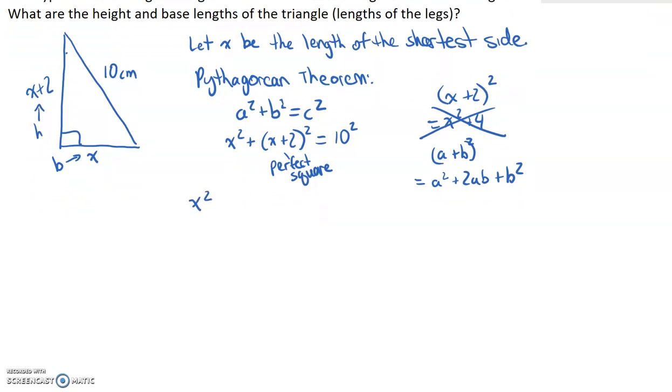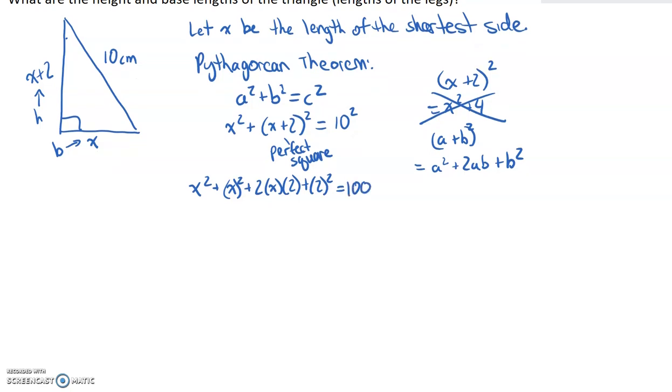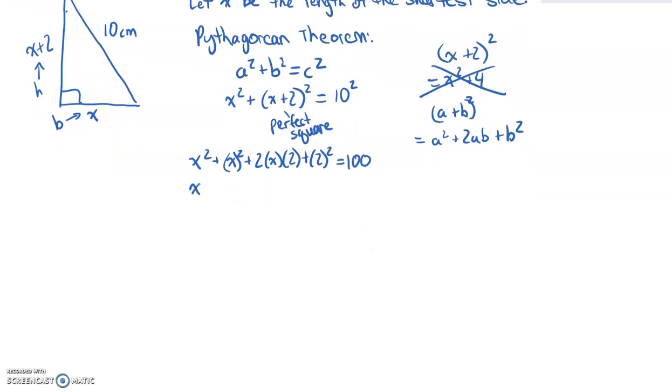I'm going to get x squared plus 2 times x times 2 plus 2 squared. I could put those in brackets because if I had a coefficient in front of the x, I would have to make sure that I'm squaring the coefficient as well. That's equal to 10 squared, which is 100. So I'm going to go ahead and write these out without brackets.